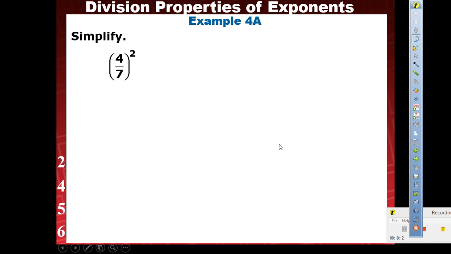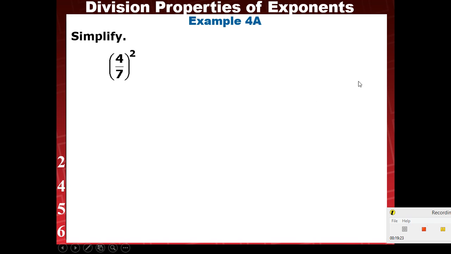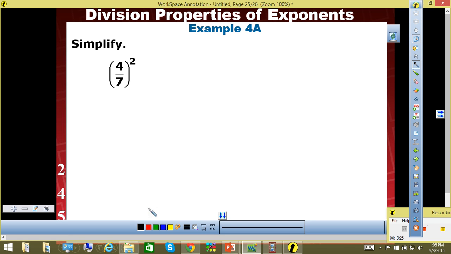Copy this one. Example 4a, we got parentheses 4 over 7, or 4 sevenths, close parentheses, squared. Please tell your neighbor what's the first thing they do. Put the 1. And now we distribute the 2 to each of those, and this becomes 4 to the second over 7 to the second.